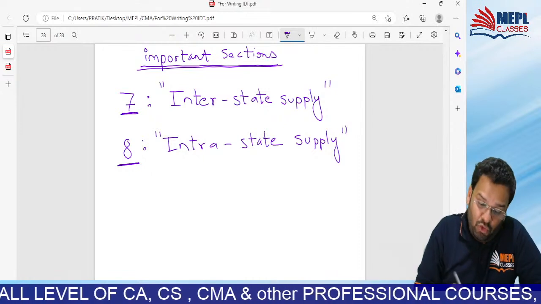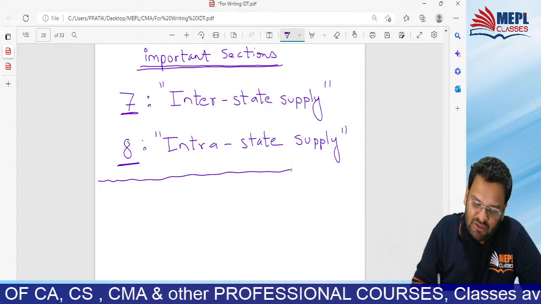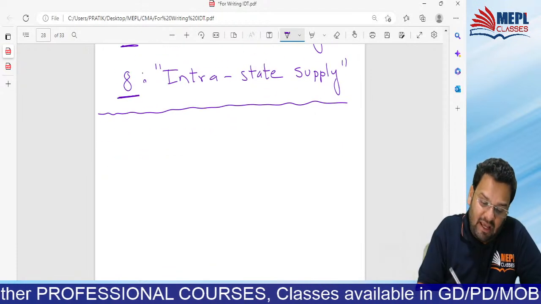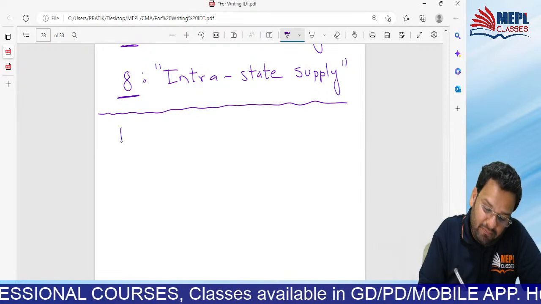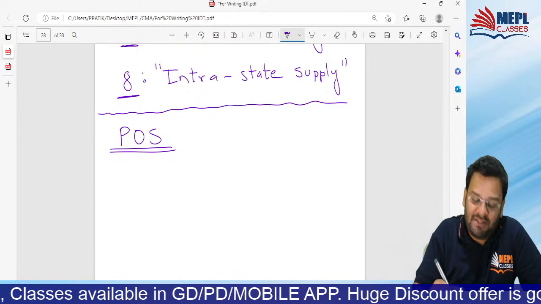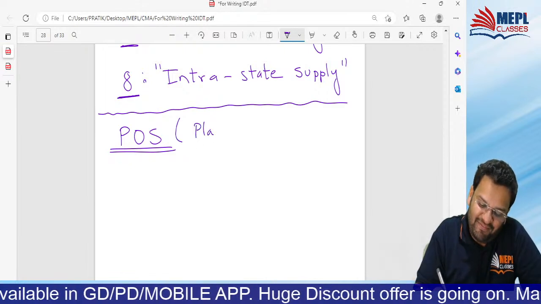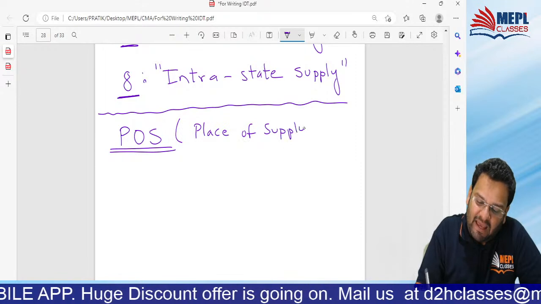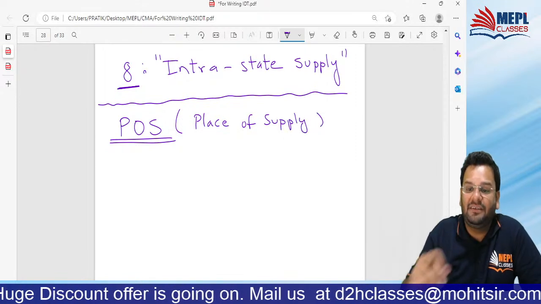And most important provisions in IGST Act, section 10, 11, 12, 13. Those are for POS. What is POS? Place of supply. Agreed?